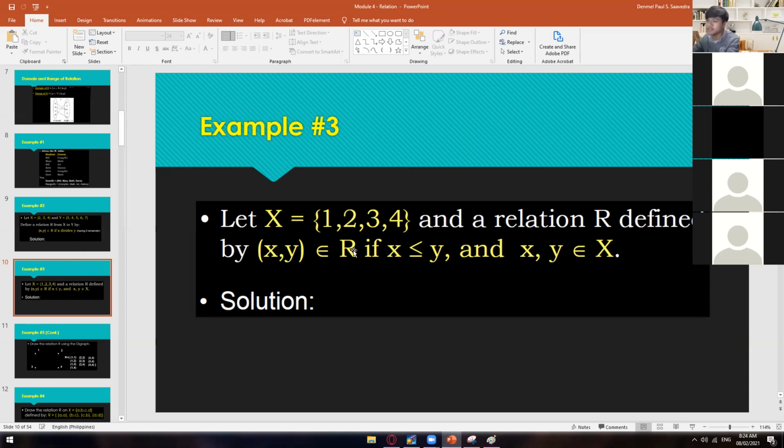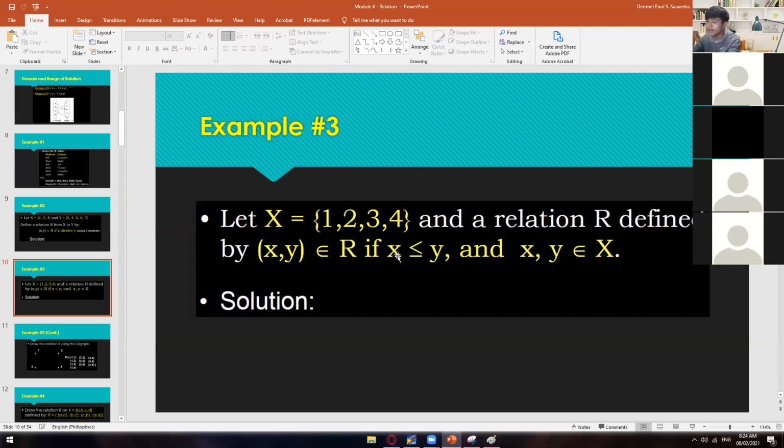As you can see right here, we only have one set, but we have a condition wherein our x coordinate and then y coordinate will be coming from set x. So those two are elements under set x. So it could be 1, 1, 1, 2, 1, 3, 1, 4, and so on and so forth. So what is our next condition?